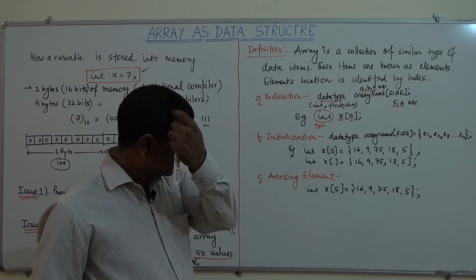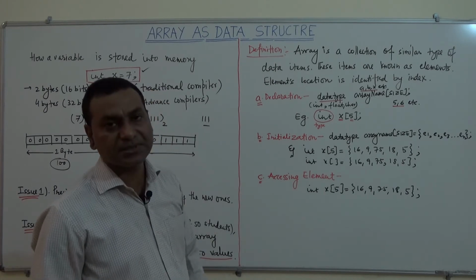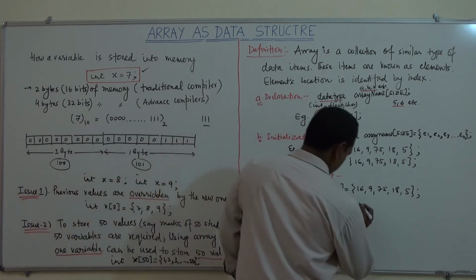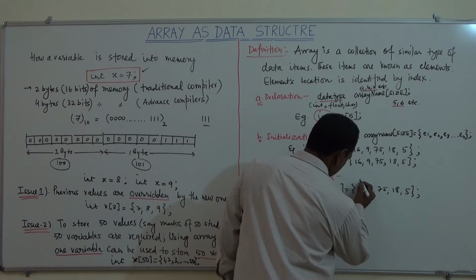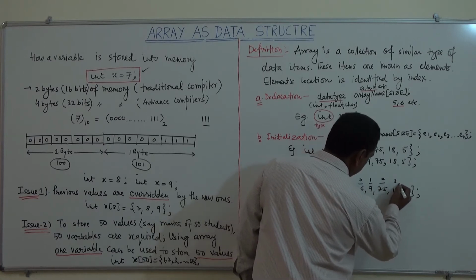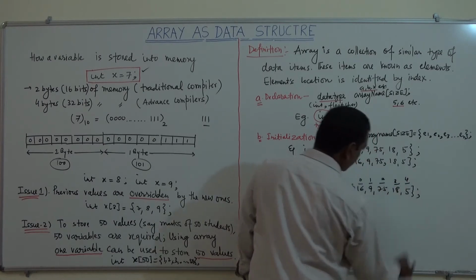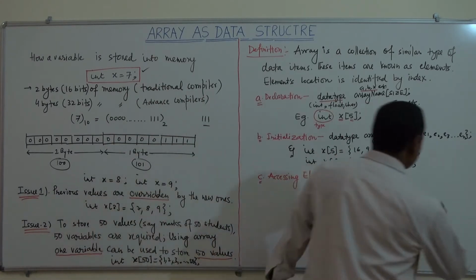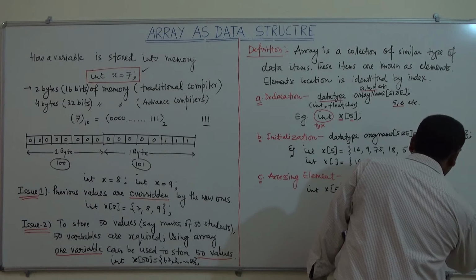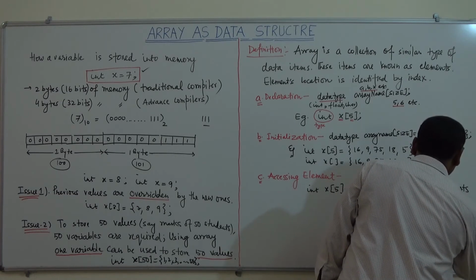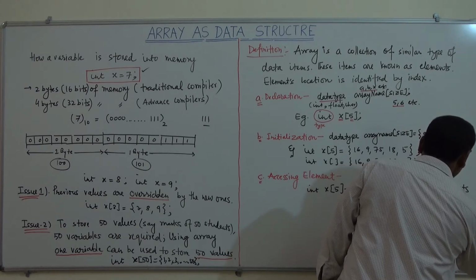As we all know, all the elements have a location and they are identified by the index. So this is the 0th index, this is 1, this is 2, 3 and then 4. Because array starts from 0.